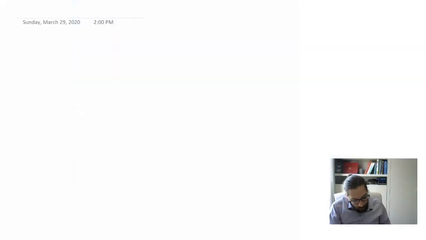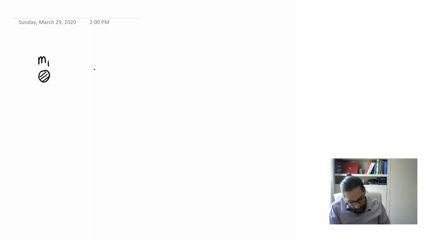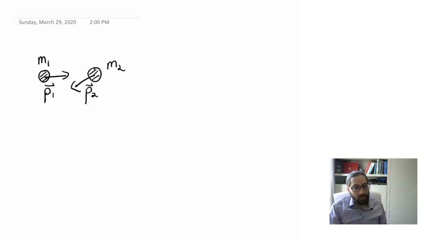So let's imagine that we have just two generic objects of mass 1 and mass 2 with some momenta p1 and p2 that collide, okay?